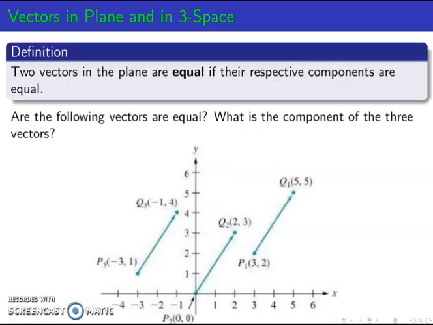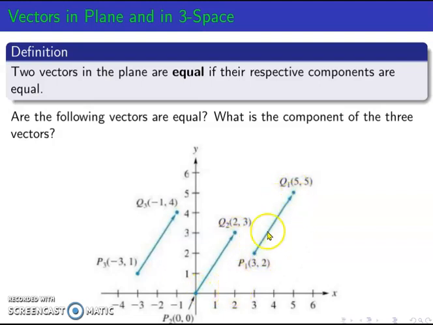Two vectors in the plane are equal if their respective components are equal. So are the following vectors equal? What are the components of the three vectors? For this vector, the x component is 2, and the y component is 3. So 2, 3.